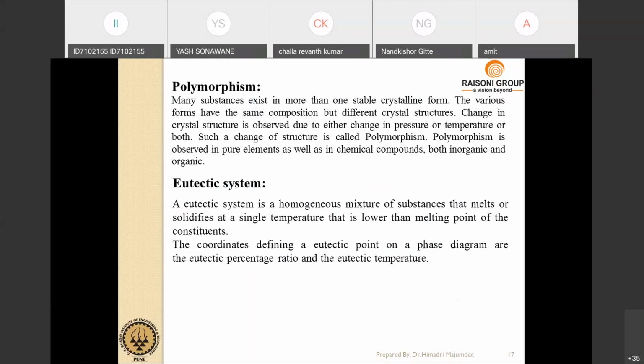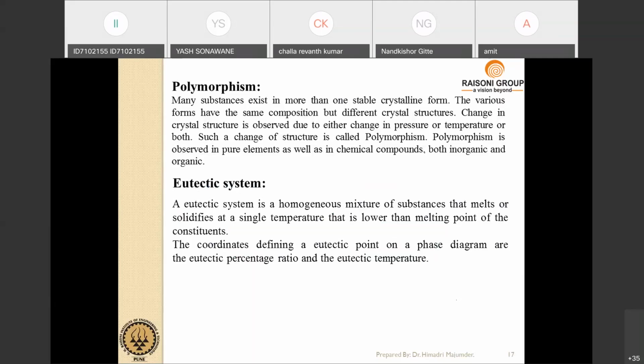Such a change of structure is called polymorphism.